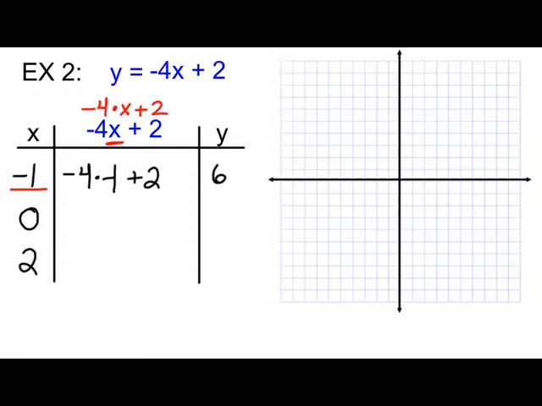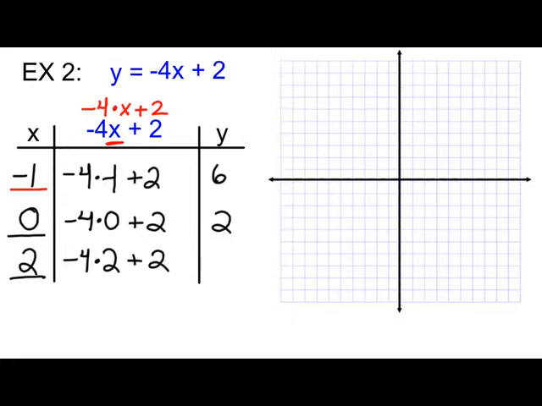Repeat the process now with 0. Going back to the original problem, -4 times 0 is 0, plus 2 is 2. And now I'm going to do 2. -4 times 2, same sign's positive, different sign's negative, is -8, plus 2 is -6.